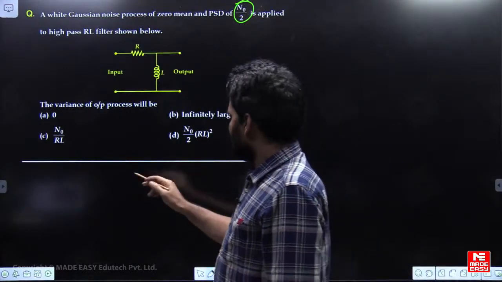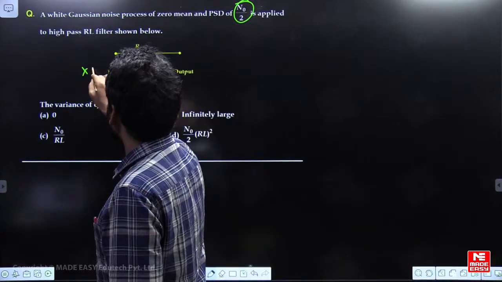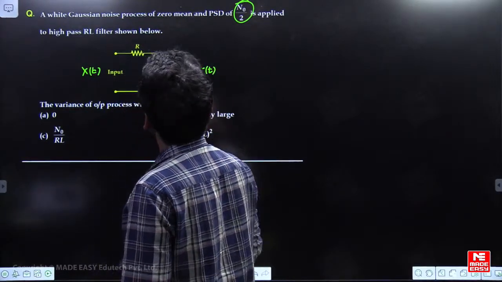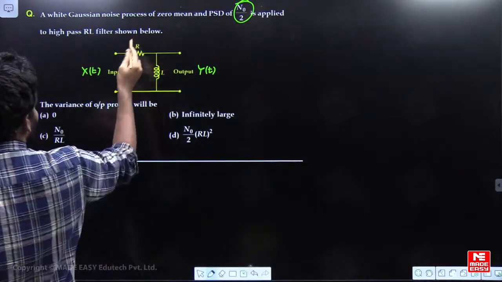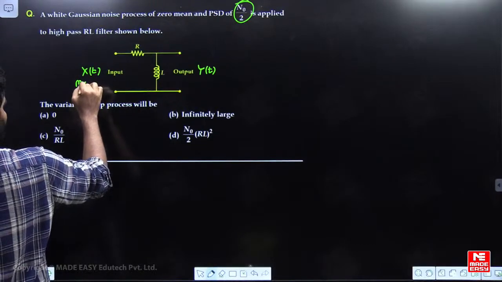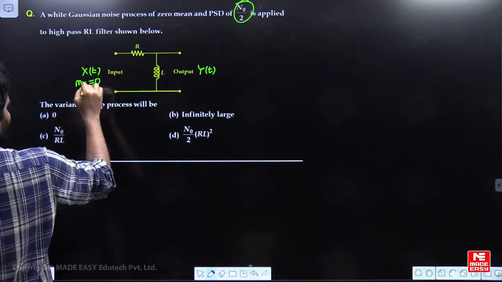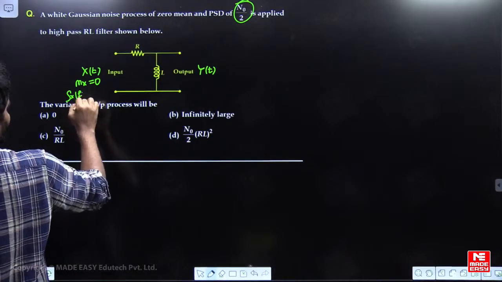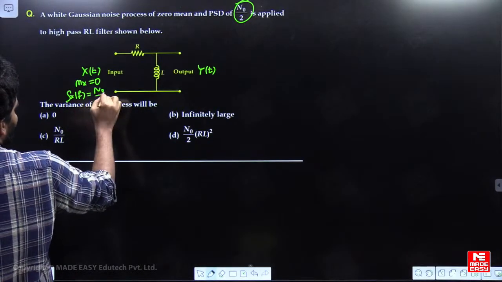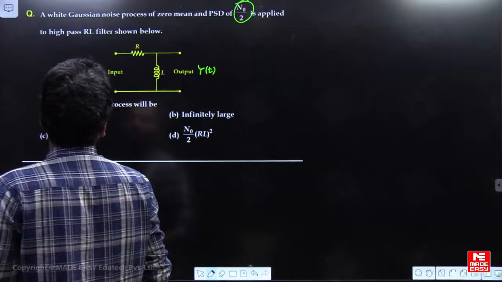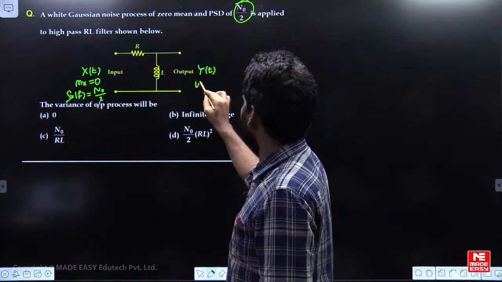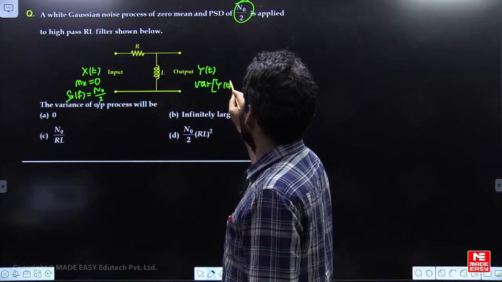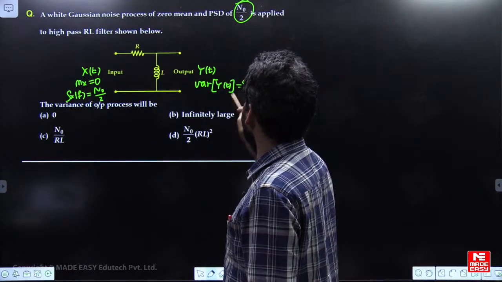I'm taking the input as some xt and denoting the output as yt. The mean of xt is 0, I'm denoting it with mx, so the mean will be 0. And the PSD of xt, Sx of f, is N0 by 2. Then we need to find the variance of the output, the variance of yt.